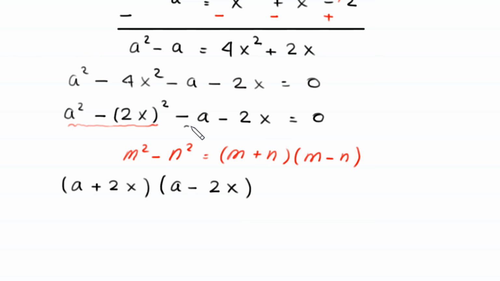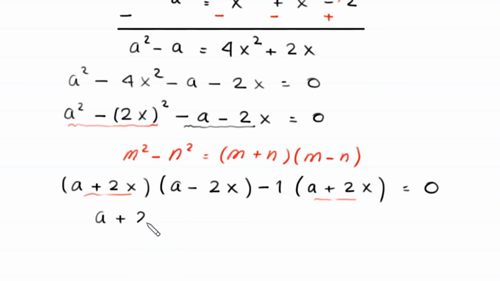And from the terms negative a minus 2x, we can factor out negative 1, giving negative 1 in brackets, a plus 2x, equals 0. As you can see, the expression a plus 2x is a common factor, so we factor out a plus 2x, and in brackets a minus 2x minus 1 equals 0.